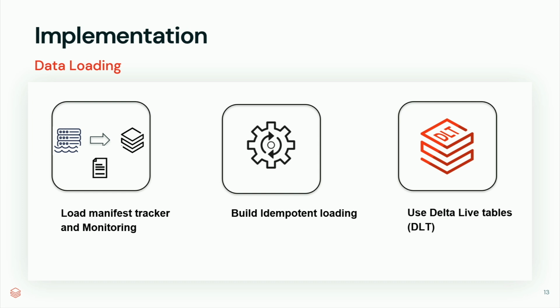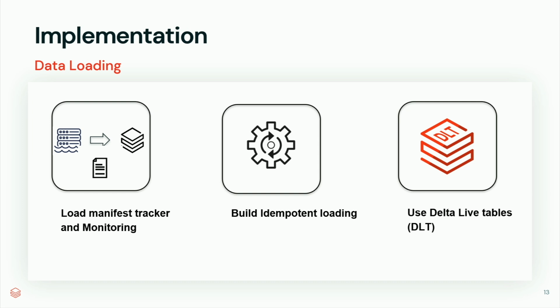To tie it all together, we adopted Delta Live Tables. Delta Live Tables orchestrated the workflow declaratively, so we gained automatic data lineage and benefited from the built-in error handling and retries. This dramatically reduced the operational overhead, and of course, it scaled effortlessly as the data was growing in size.